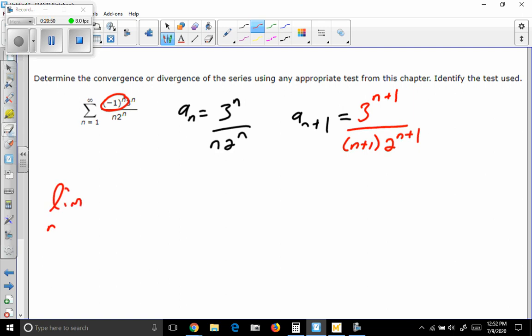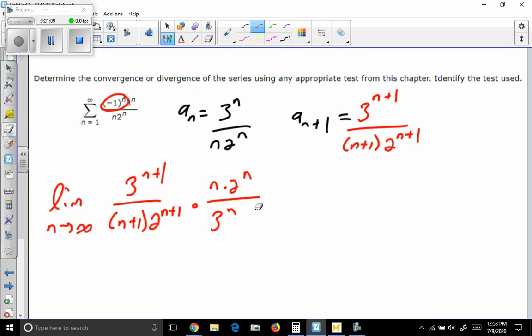We take the limit as n goes to infinity of the absolute value of this one, divided by that one, so times the reciprocal. So this is the absolute value of a sub n plus 1 over a sub n, and hence our negatives went away.